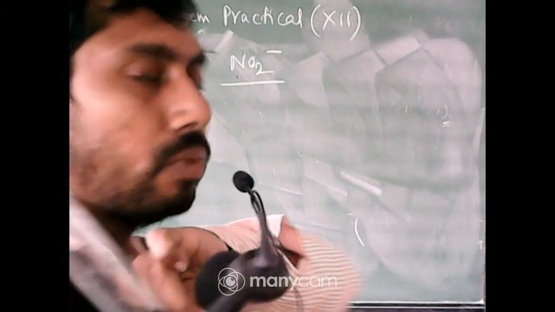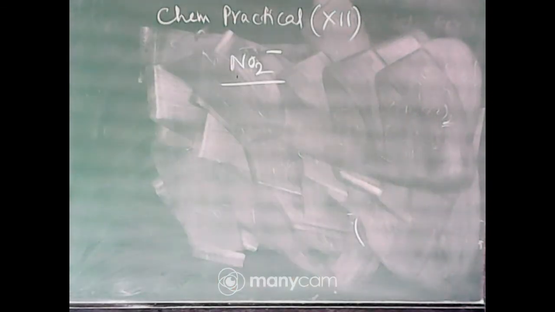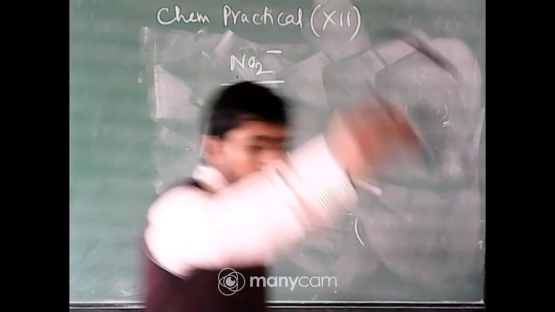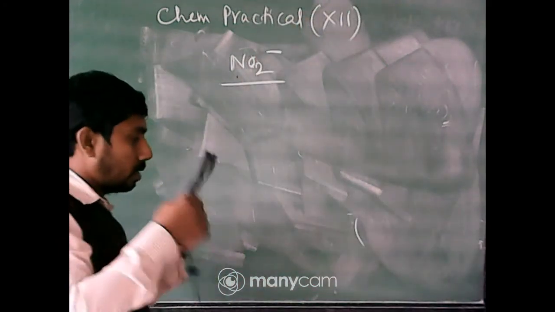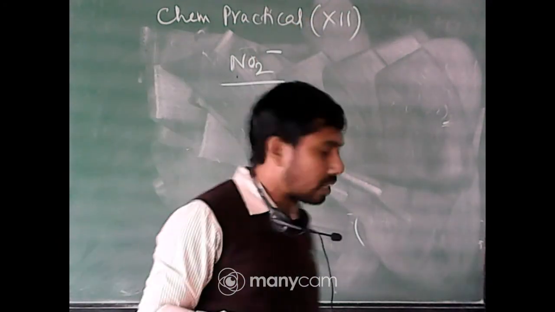Also the brown fume appears when you heat directly with sulfuric acid. Clear? So sulfide was done, nitrite was done.